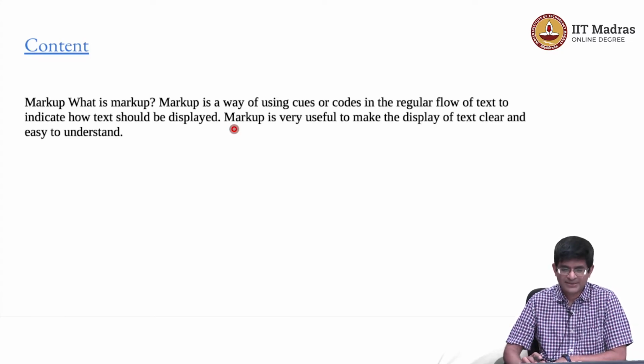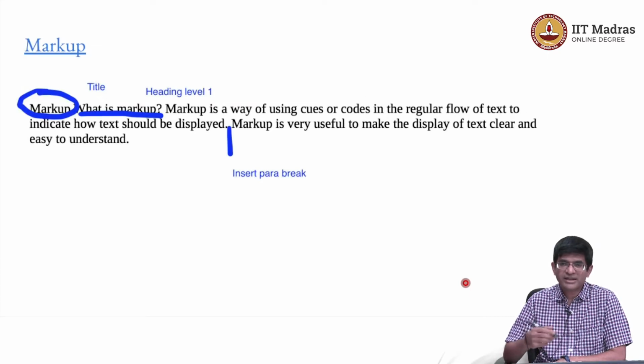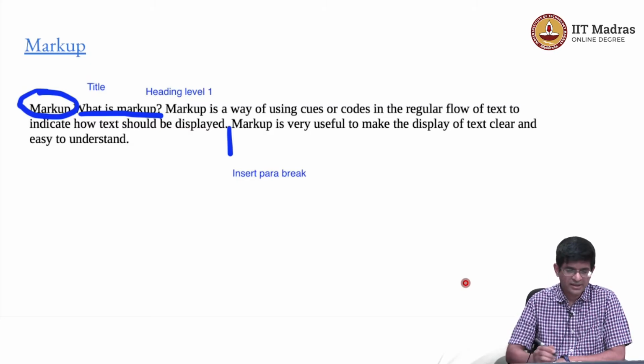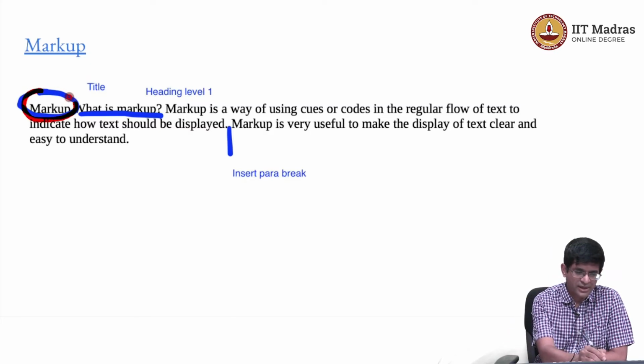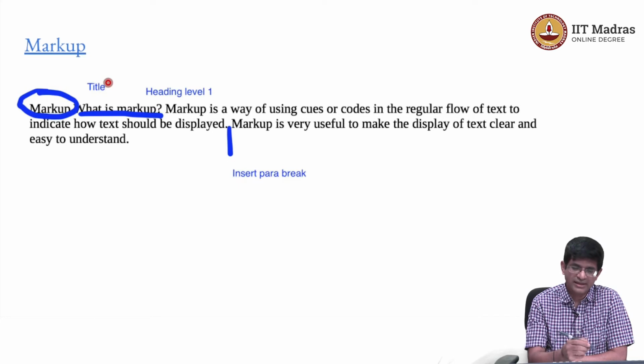the sentences, okay? But let's say I see a document like this and I say, look, this is not very clear, can you rearrange this a little bit, right? And I start making some drawings on it and send it back to the person who wrote it, saying, look, this part over here, right, this first word, this markup, that should be the title, okay? So please set it so that it becomes clear that this is the title.